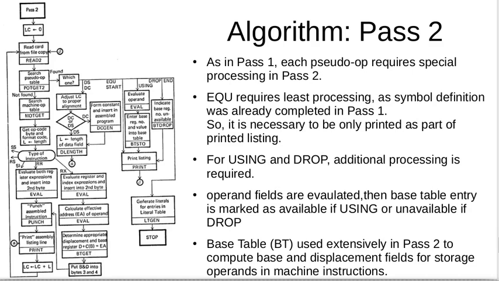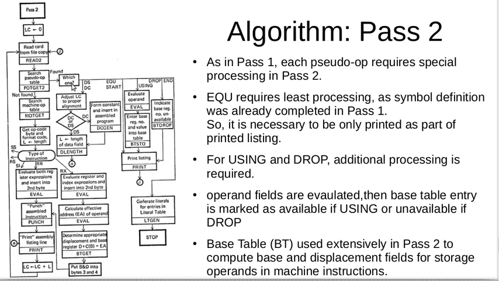In some cases, as in pass 1, we could have a situation where each pseudo op requires special processing in pass 2, right? As in pass 1, initially after reading the instruction we checked the opcode, whether it's a pseudo opcode or not. The previous steps we have discussed assumed that it is not a pseudo opcode, but if it were a pseudo opcode we have to determine which one it is.